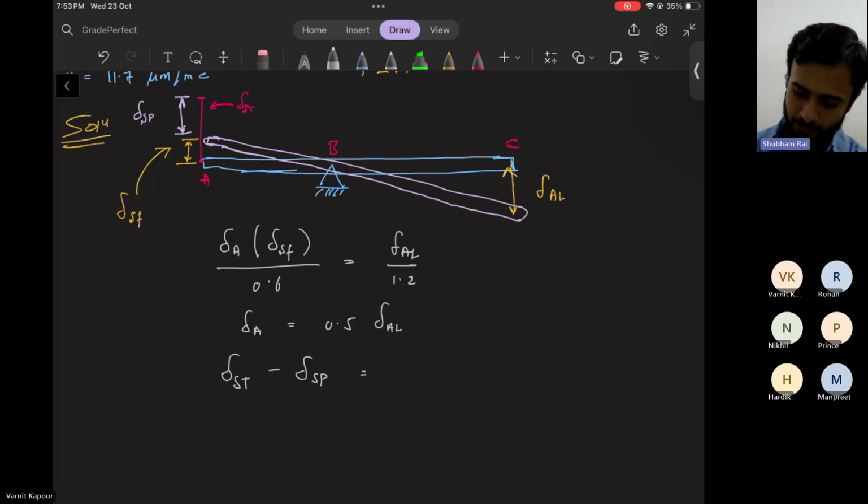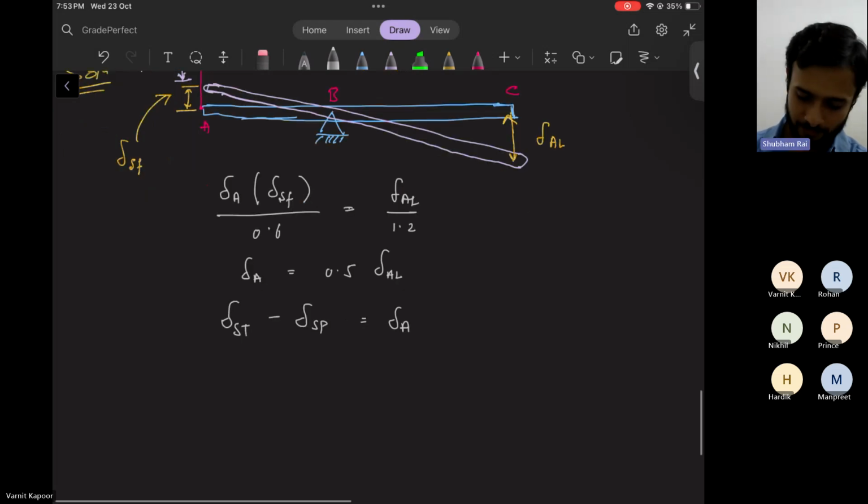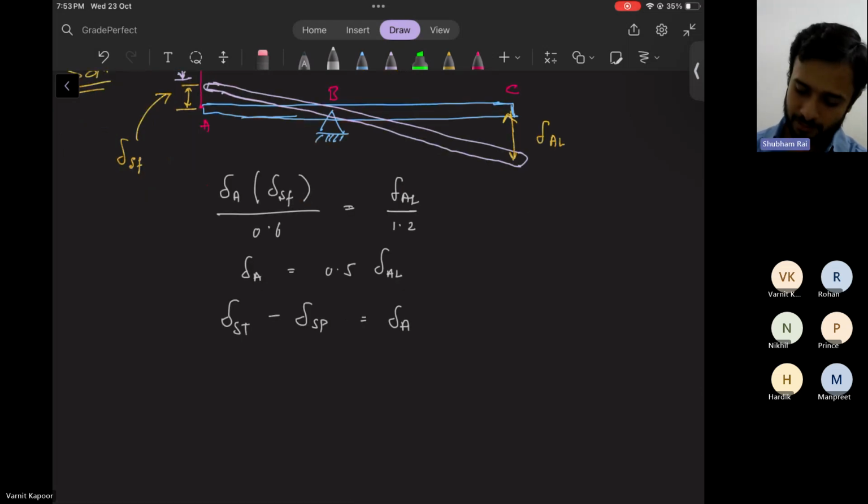So that should be equal to delta at A, right? If you substitute back in this equation, you will get delta ST minus delta SP equal to 0.5 times delta AL, right?